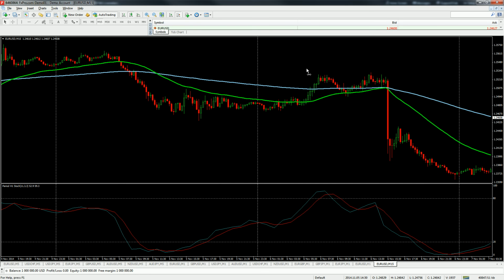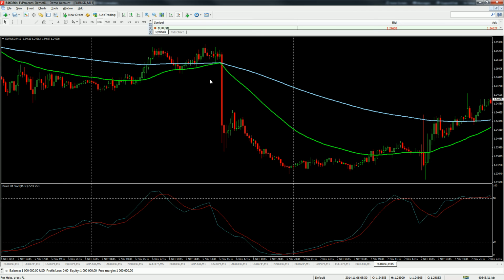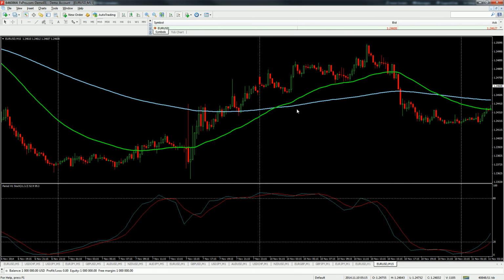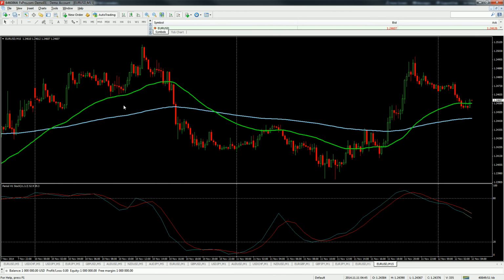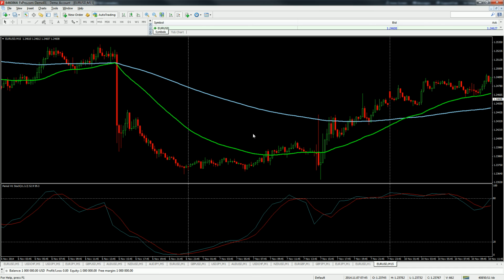If green is over blue, then it's in an uptrend. So when green crosses blue, it gives an uptrend. When blue crosses green, it goes into a downtrend. Some trends are bigger than others. If you want a better or faster predictor, you can even add in a 100 EMA to this.